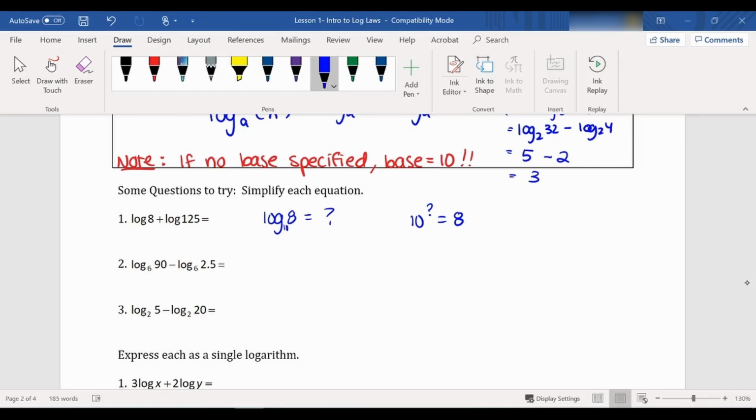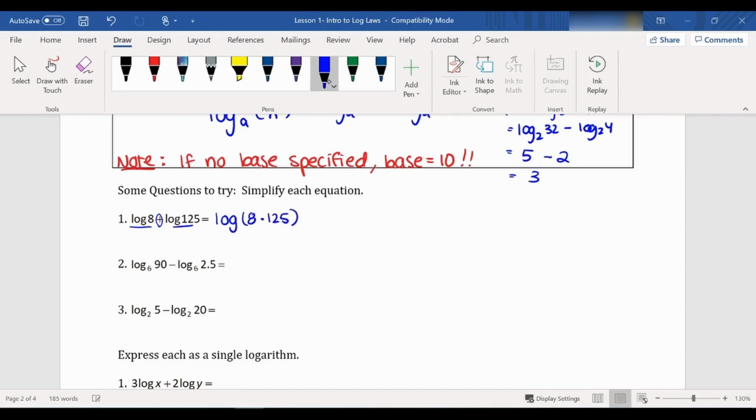So instead, we can simplify this equation using our log laws so that we have a number we can do nicely. Because we have a plus here and we have two separate logs, we're dealing with product law from before that has already been split up. So if I want to put this back together using the product law, it says that if we have two logs of the same base that are adding together, we can rewrite this as a log with that same base where the insides are multiplying.